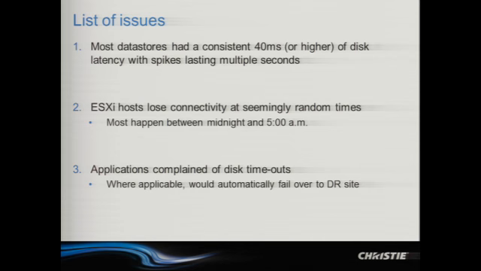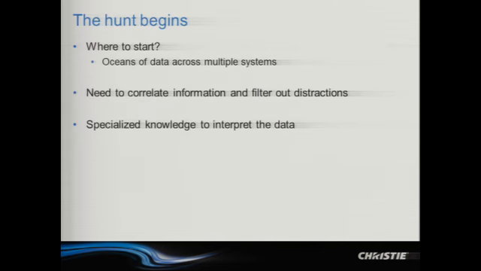And it wouldn't be the same ESX host, it would be random ESX hosts at different times of the day. We weren't sure what was actually going on. Exchange especially is really susceptible to high I/O latency, and a lot of these applications were starting to complain and actually fail over.